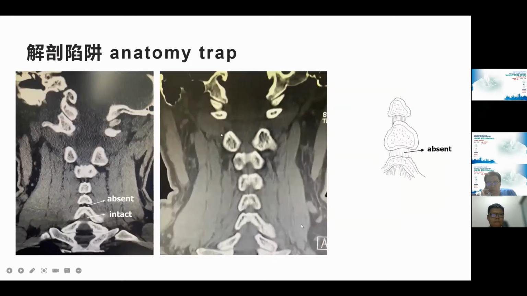And there is an anatomy trap. It is located in the interspinous process. Sometimes there is no tissue there. There is a gap between the interspinous processes, so it's very dangerous.